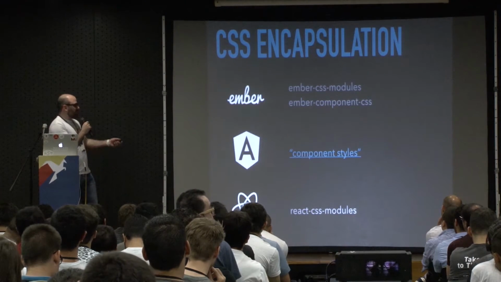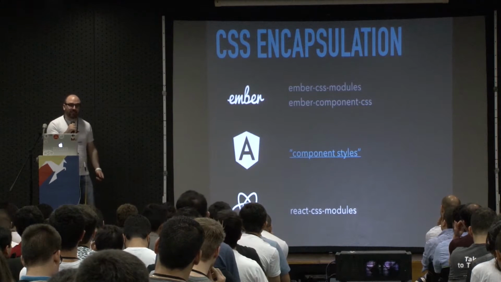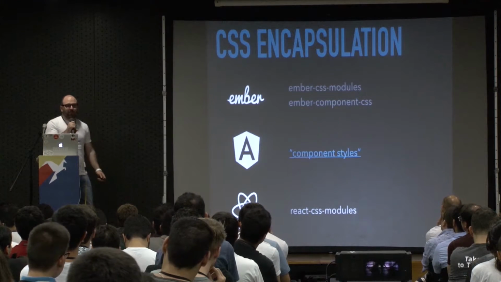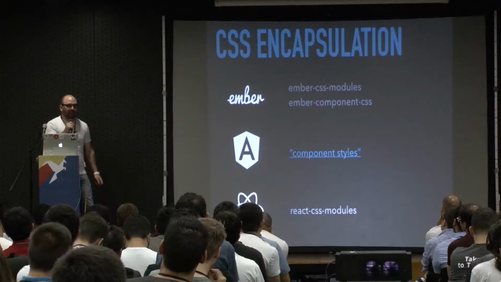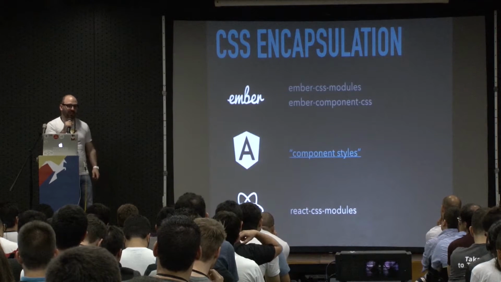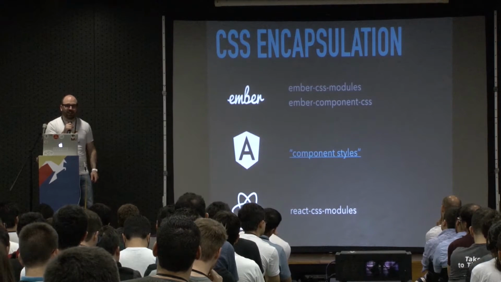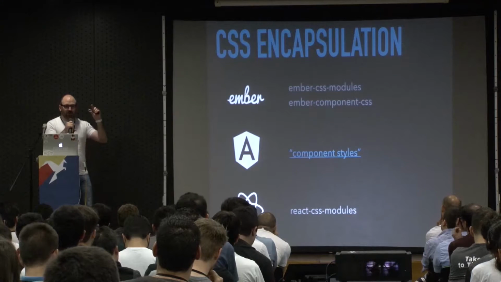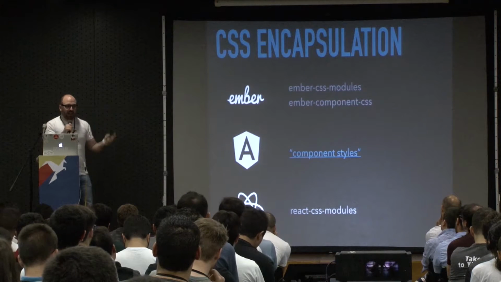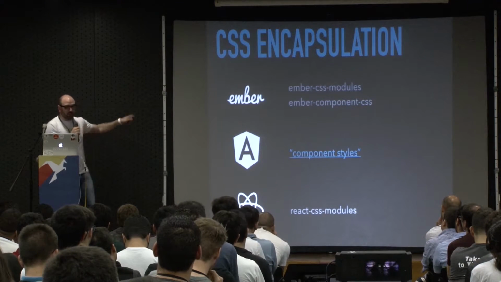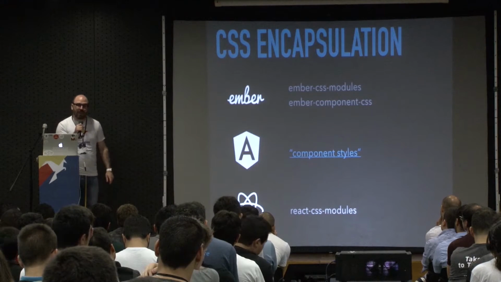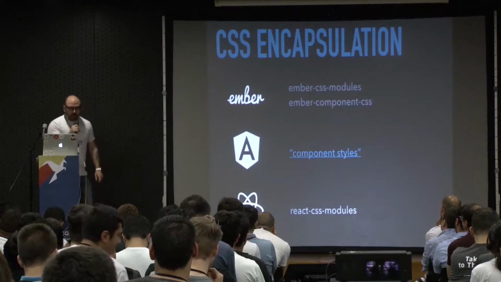There's also this idea of component CSS, and for that, I would suggest you go and look at CSS modules. It's an idea about having modular CSS where you have one file per component, and all three of these options actually have support for that via libraries.